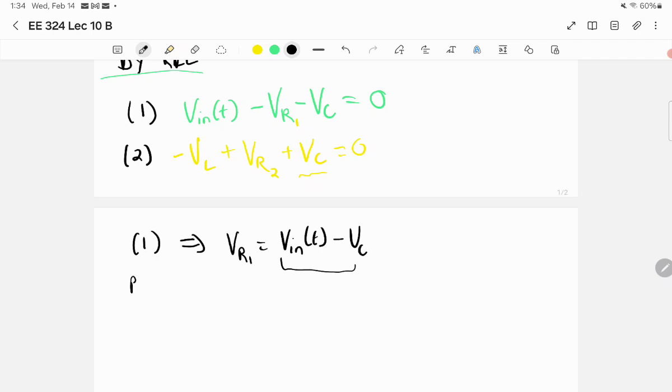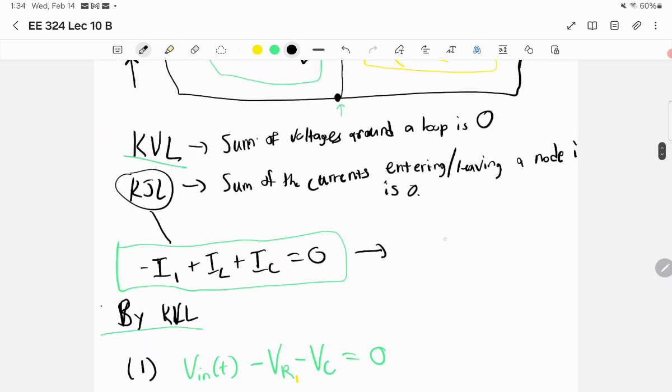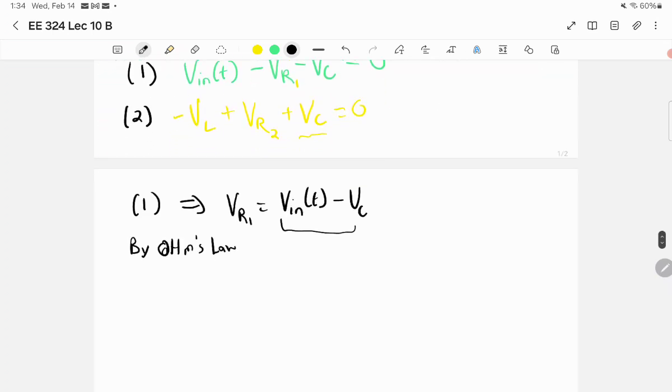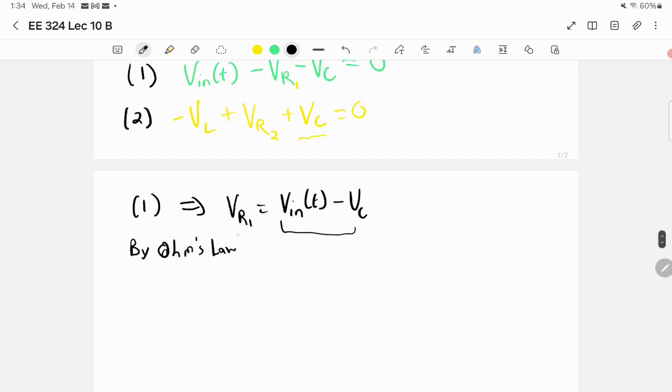And by Ohm's law, I should mention these are all linear elements. Since these are all linear elements, by Ohm's law I can define this to be my voltage difference.